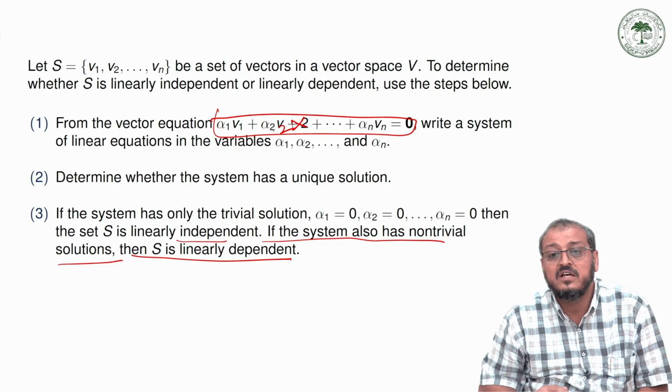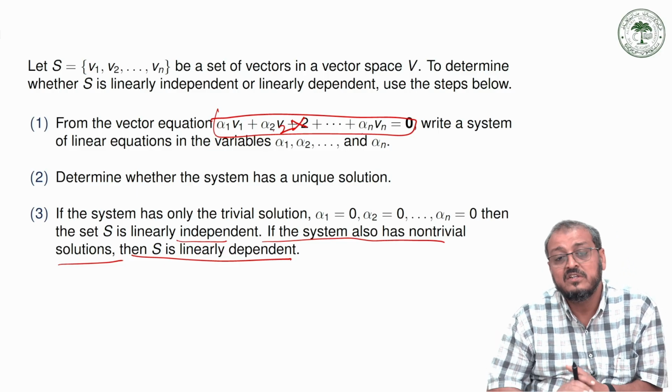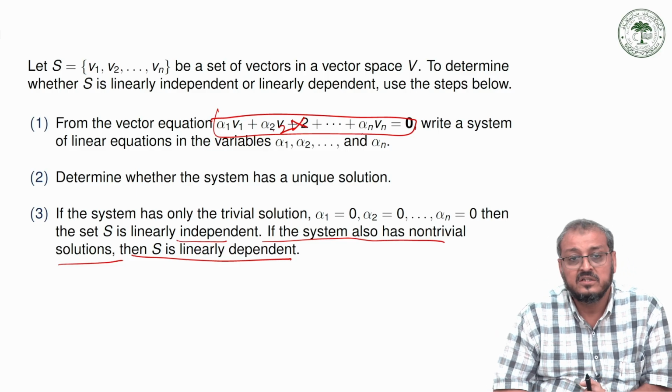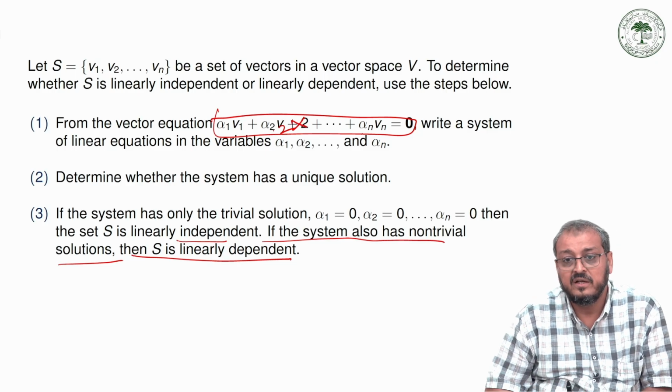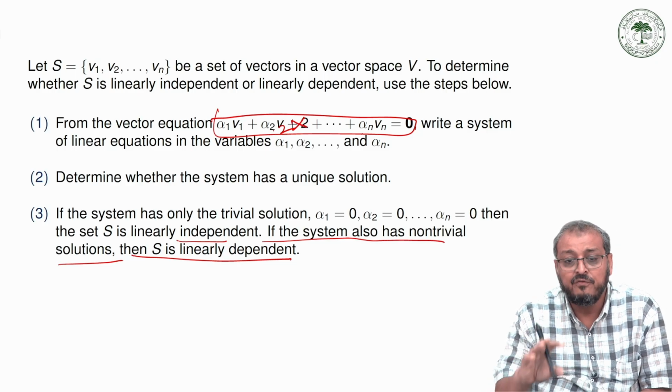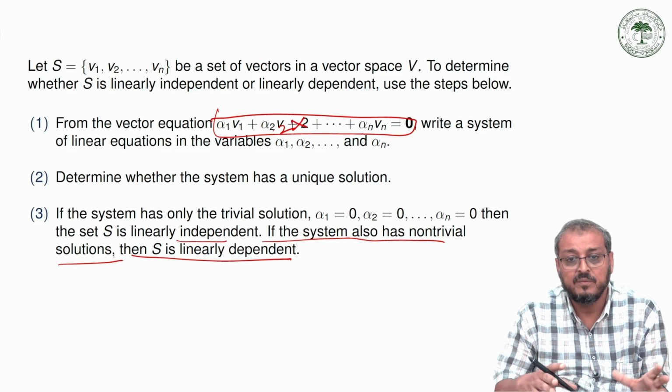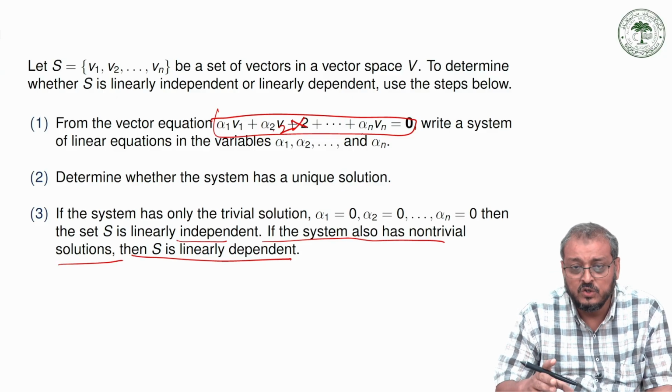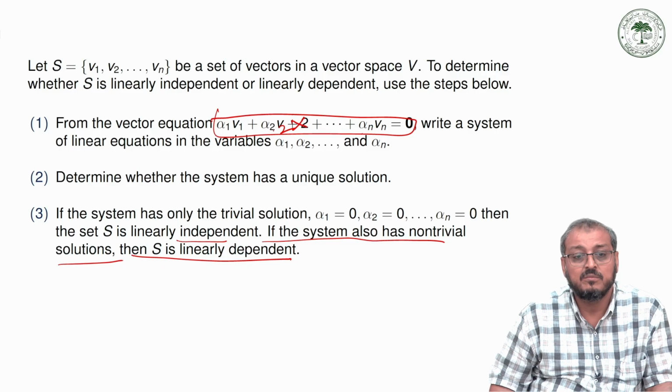If the system has a unique, trivial solution, we can say that the vectors v1, v2, up to vn are linearly independent. If the system also has a non-trivial solution, meaning there exists at least one alpha not equal to 0, then we can say that S is linearly dependent.